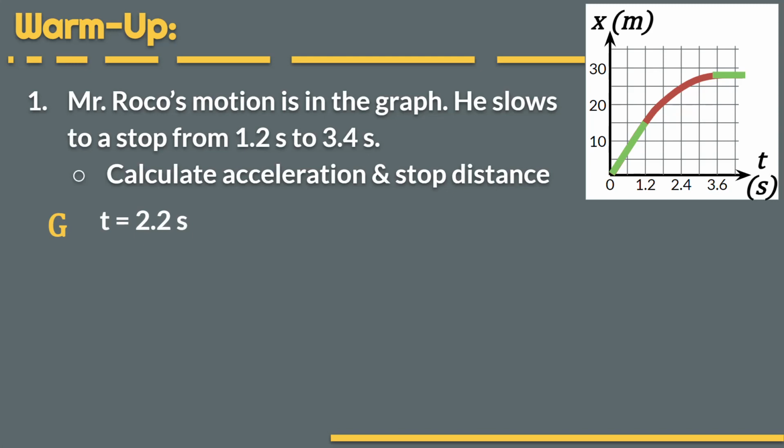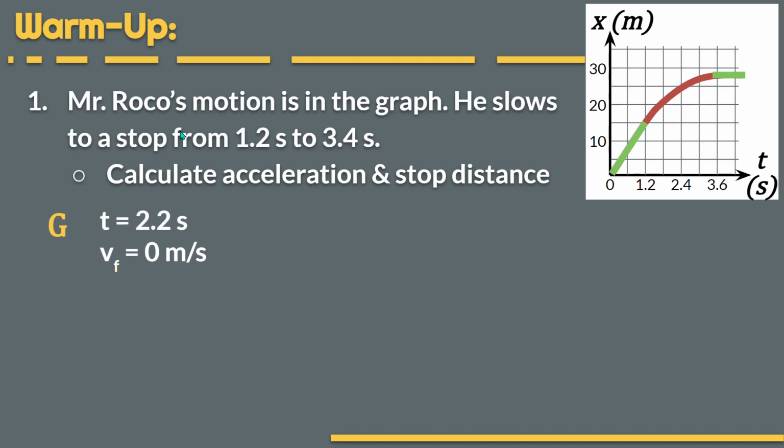We know that because on my XT graph, my slope is my velocity, and the green portions represent constant velocity here and zero velocity here. And so I know that my final velocity is zero because it says he goes to a stop, first of all, and then you can see it in the graph as well.